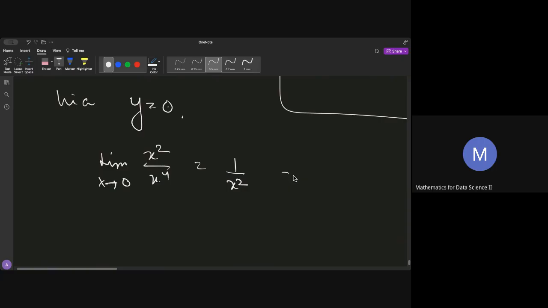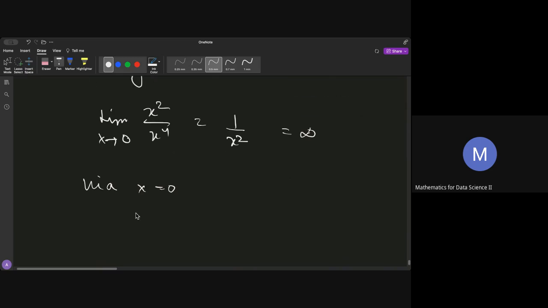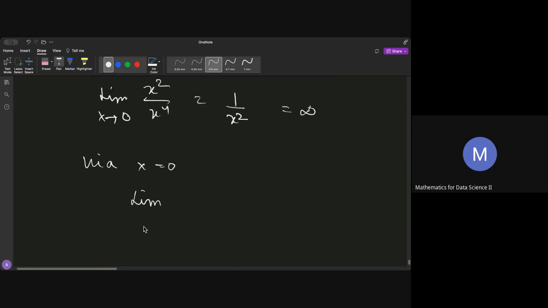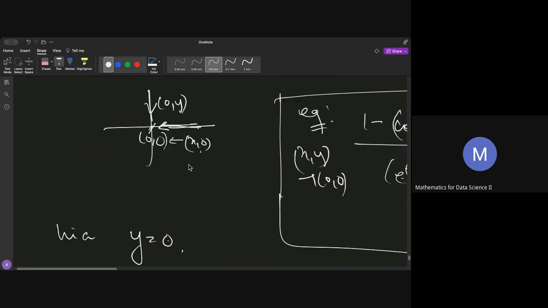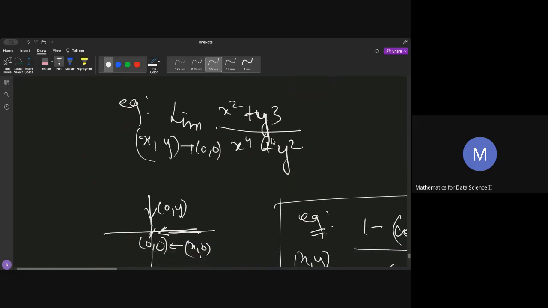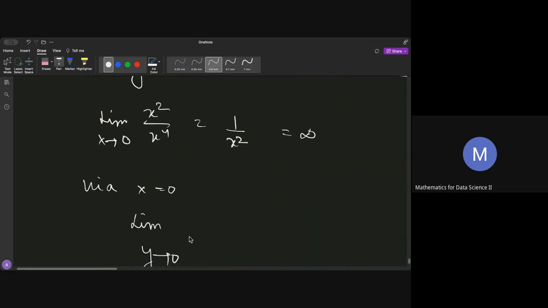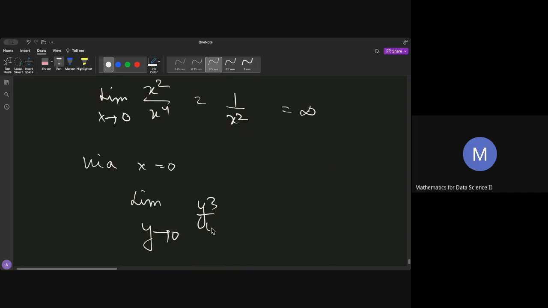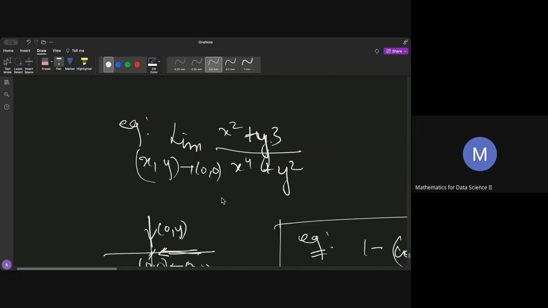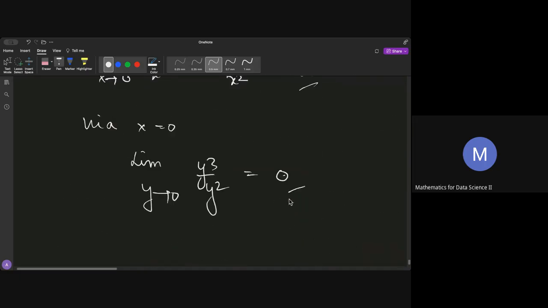This limit is infinity. And if I take it via x equals to 0, I'll have limit y tending to 0 and everything left in terms of y. So it's y cube and y square, so this limit will give you 0. Both of these limits are different. That means the limit of this function does not exist.